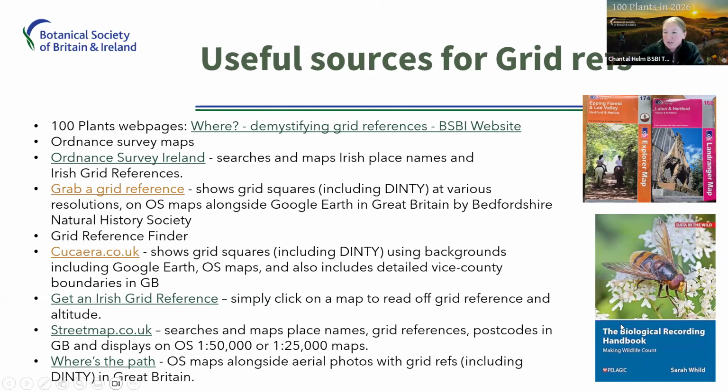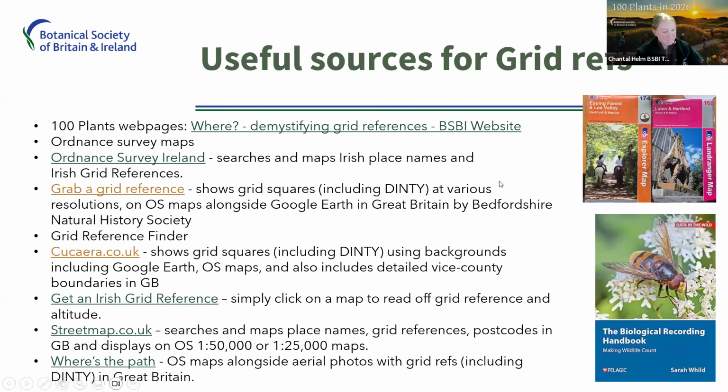And then there's a nice book that's been published, the Biological Recording Handbook, which has lots of useful information about recording too. And if you wanted to know which vice county you're in, go to the BSBI's local botany part of the website.